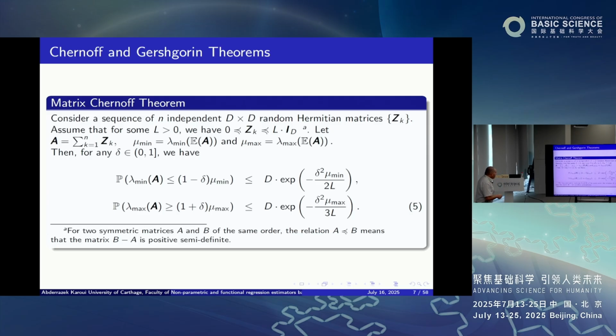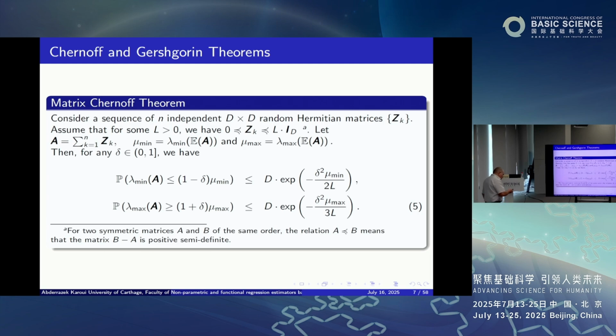So if we take mu min, the minimum eigenvalue of the expectation of A, where A is a random matrix, and mu max the maximum eigenvalue of the expectation of A, the expectation of A is a deterministic matrix, no longer random.